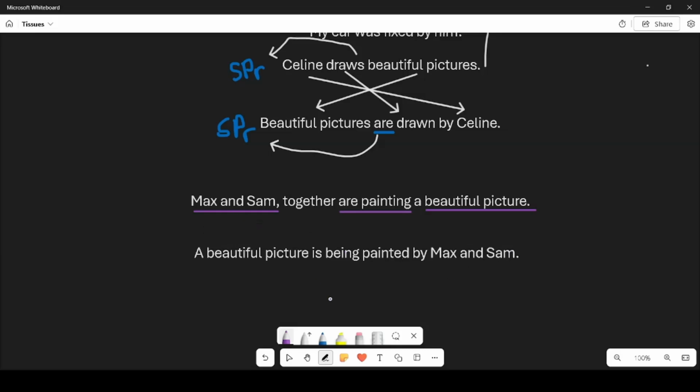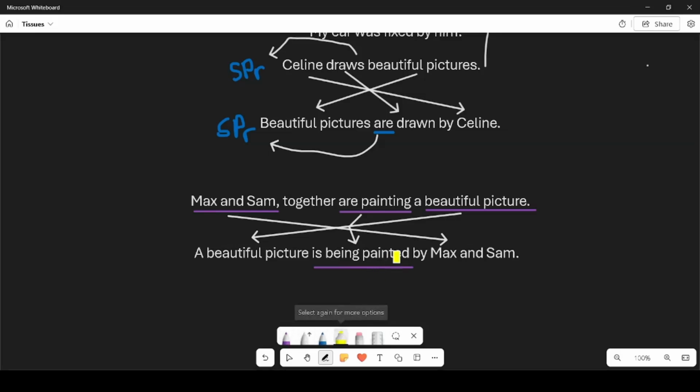Now how did we convert it? We put Max and Sam at the ending, a beautiful picture in the beginning, and painting has become being painted. You might ask, over here ed is there. This ed does not show past.